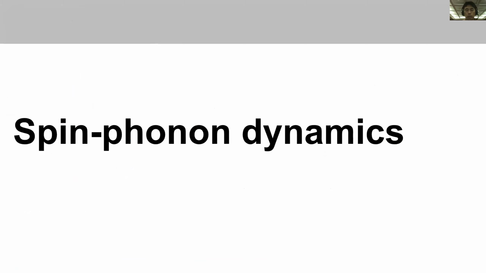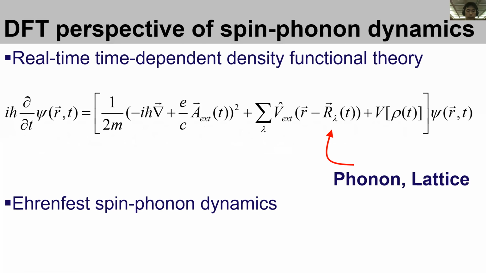We applied the same time evolution technique to the spin-phonon dynamics. In this case we assume that some light, for example an IR excitation, is applied and some phonon is generated, phonon is pumped, then there is some change in the scalar potential.